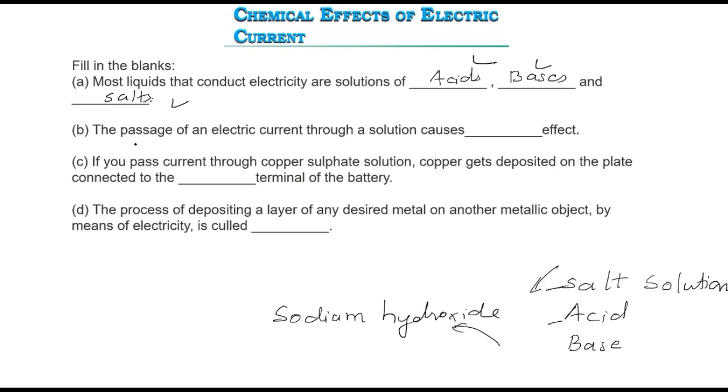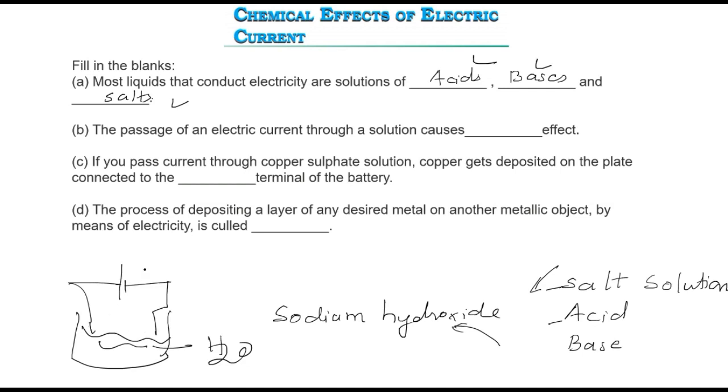Second question. The passage of an electric current through a solution causes dash effect. We have already seen in the previous video tutorial that when the current is allowed to pass through water, so this is water, and then if connection is given here, right, this is a battery, so this is a positive terminal, negative terminal, you added a bit of salt here to make it more conductive, right?